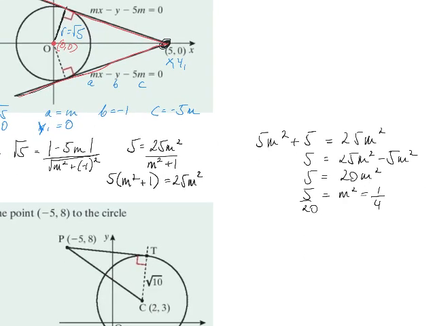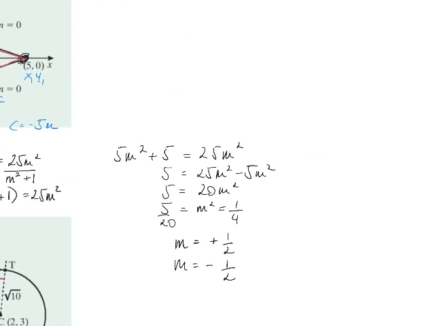And now if I take the root of 1 over 4, just to get m, that would be plus 1 over 2, but it would also be minus 1 over 2, because minus 1 over 2 squared is also 1 over 4. So now I have my two m's, and all I have to do is put them into the original equation.